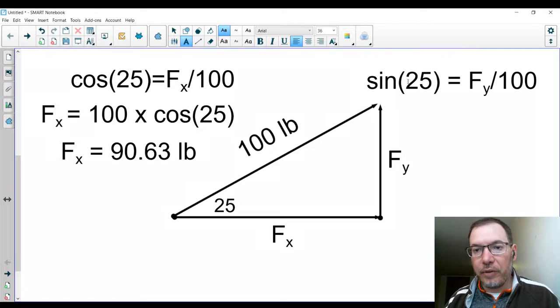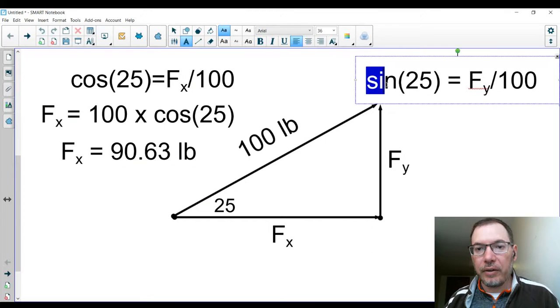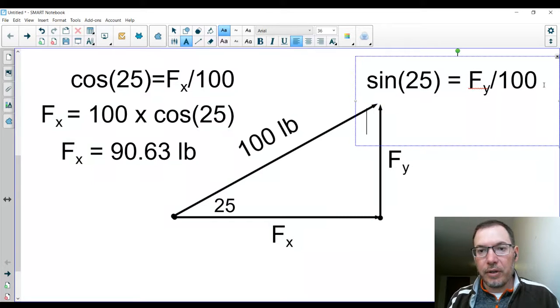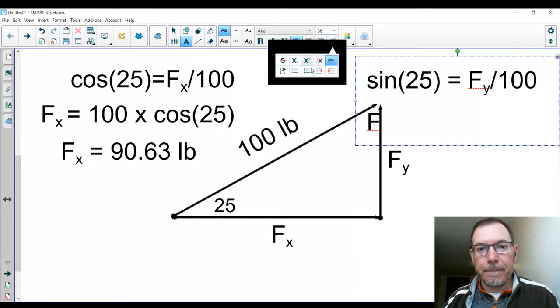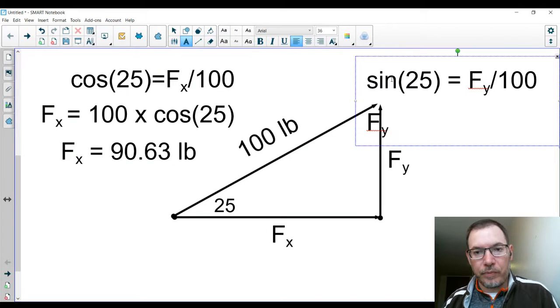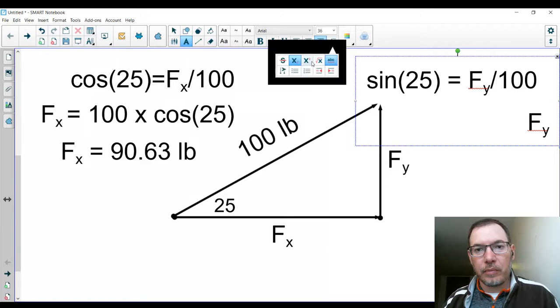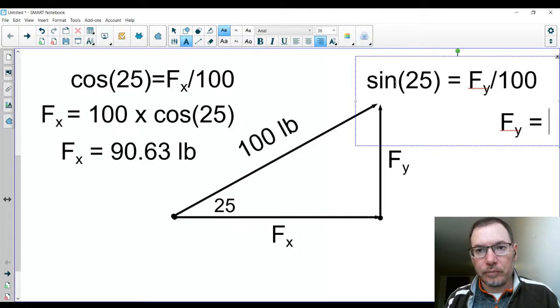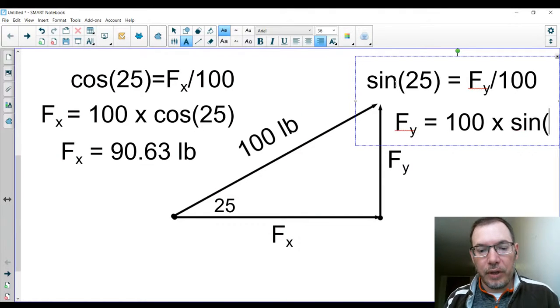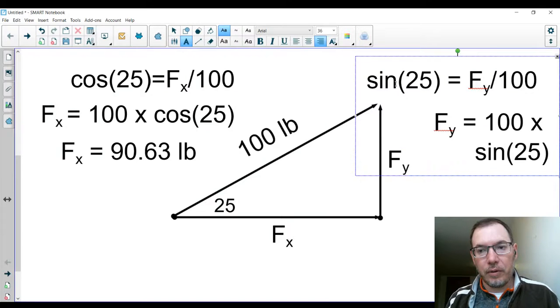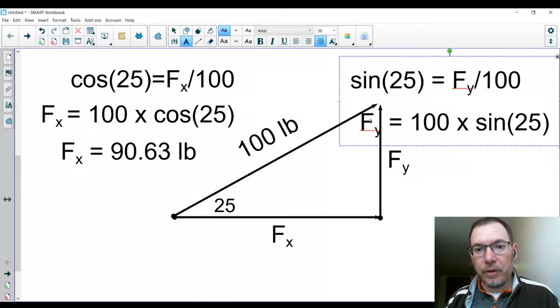And then if we want to solve that, we do the same thing. We'd say f of y would equal 100 times sine of 25. That's the same setup that we saw over here for our cosine value.